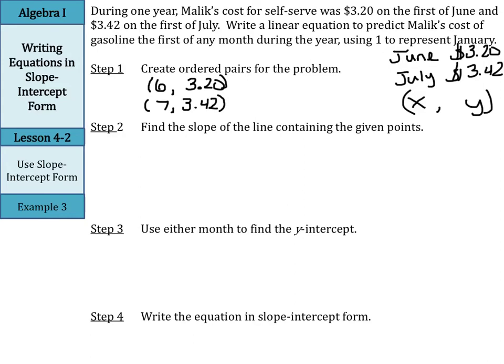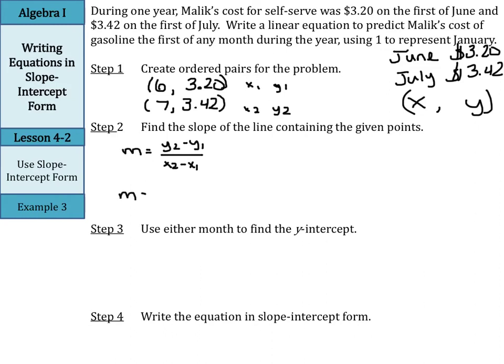Now we want to find the slope of the line using these points. So our slope formula, once again, is y2 minus y1 over x2 minus x1. And once again, it doesn't matter which you call which. We'll go ahead and call our first month here, June, x1, y1, and the second month, x2, y2.